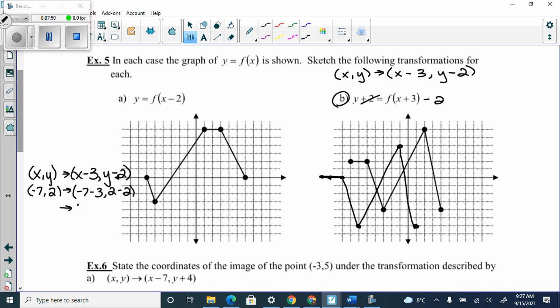So I'm going to get negative 10 and 0. And then I would draw it, which is what I drew anyways. And you'd have to do it for every single coordinate, and then draw the coordinates as you go along and connect them. We agree? When they're this easy, though, you actually make more mistakes doing that.